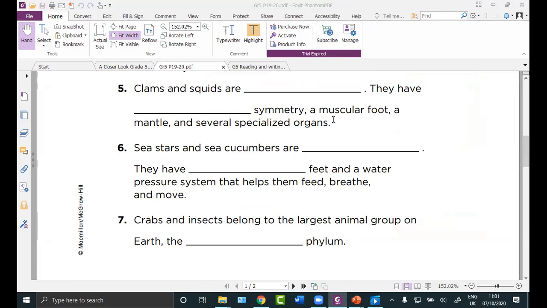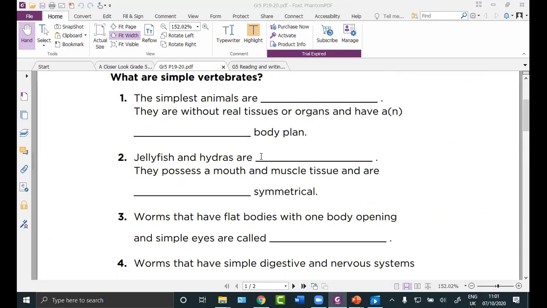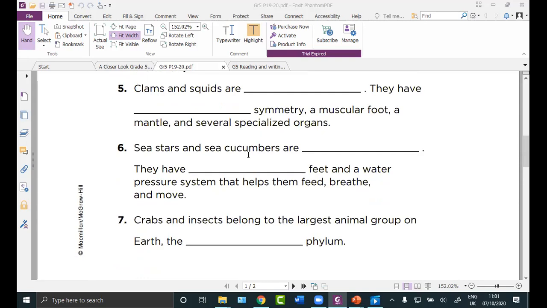Do the homework, page 19, question 5 to 7. We finished 1, 2, 3, 4 already. Now 5, 6, 7. Yes. Homework.